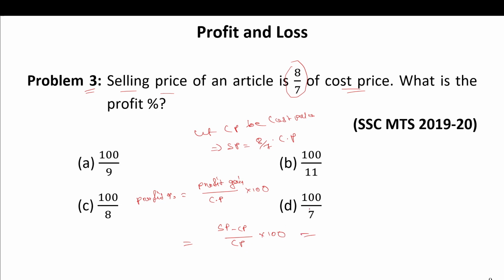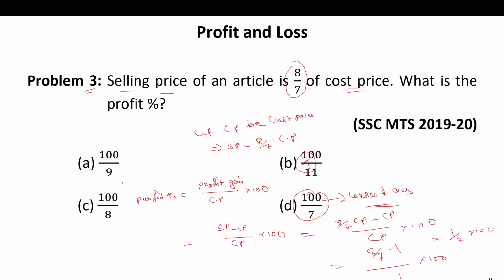So SP is what? We have calculated 8 by 7 CP, right? Minus CP whole by CP into 100, right? So cancelling this CP out, so 8 by 7 minus 1 into 100. So this is equal to 1 by 7 into 100. Okay, so it is 100 by 7 is the correct answer here.